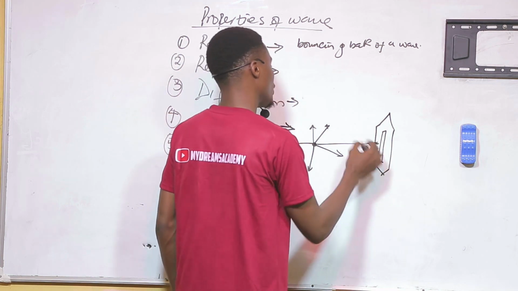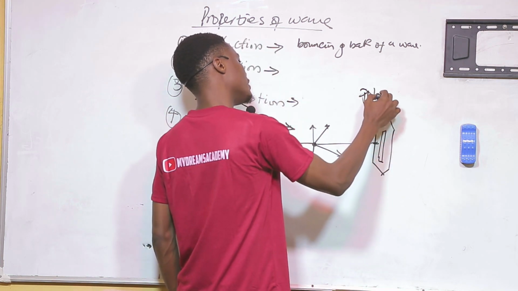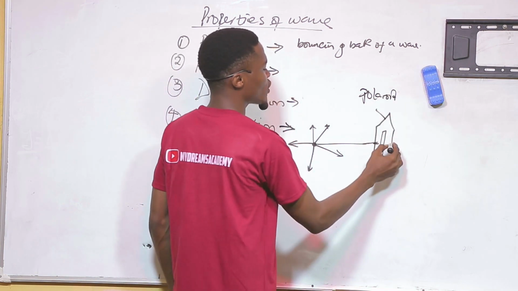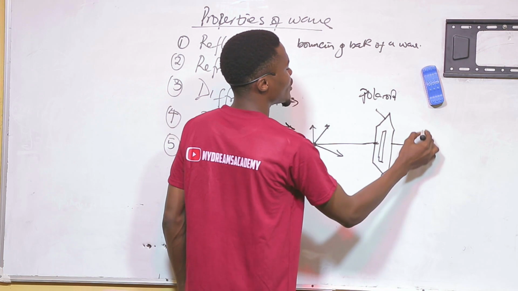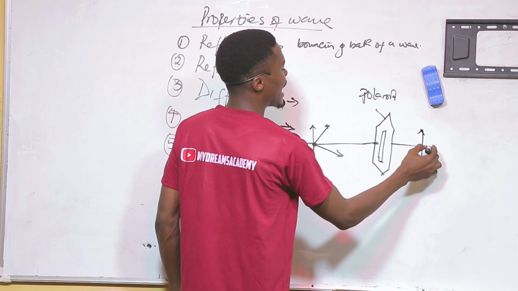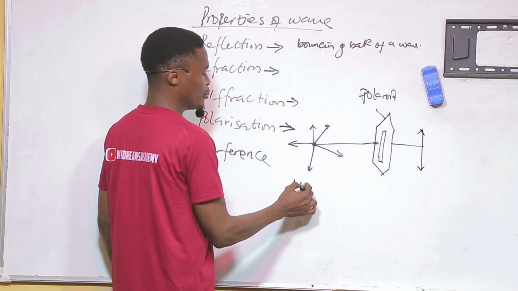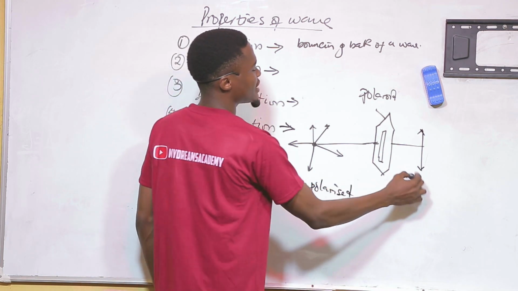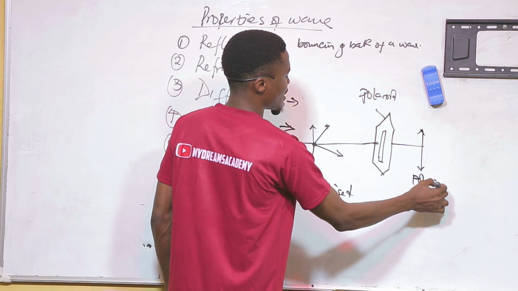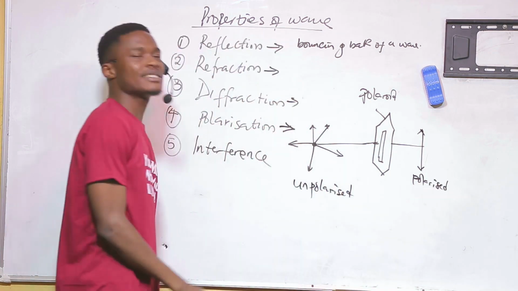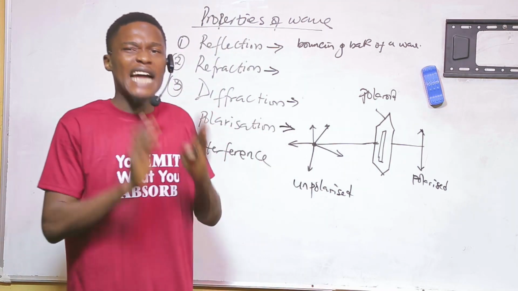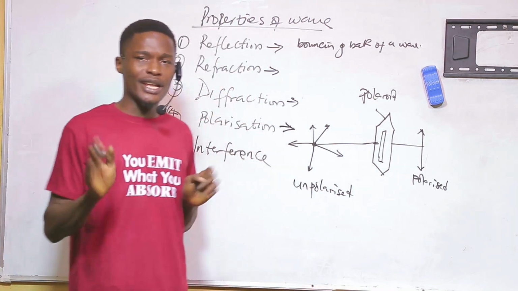If I pass it through a Polaroid, you see that the Polaroid will absorb the other part of the light and only vertical light will come out. So this is unpolarized and this is polarized. Polarization simply means making the wave vibrate in a single plane or direction. That is what polarization is.